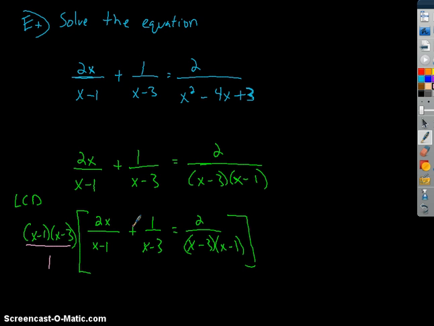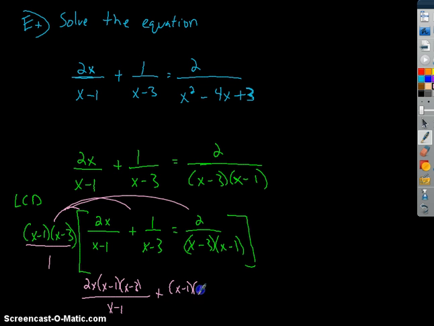So my numerators are now going to wind up being, if I distribute it into all of those, 2x times x subtract 1 times x subtract 3 all over x subtract 1, plus x subtract 1 times x subtract 3 all over x subtract 3, equals 2 times x subtract 1 times x subtract 3 all over x subtract 3 times x subtract 1.